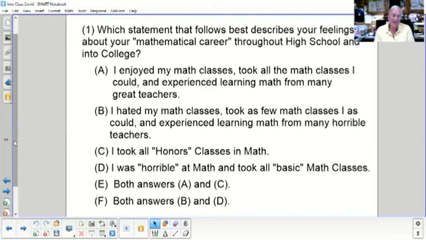And C, all honors classes in math? D, were you horrible at math and took all basic math classes? E, were both answers A and C applicable to you? In other words, did you enjoy your math classes? And were you in honors classes all the time? Or was it more like B and D?